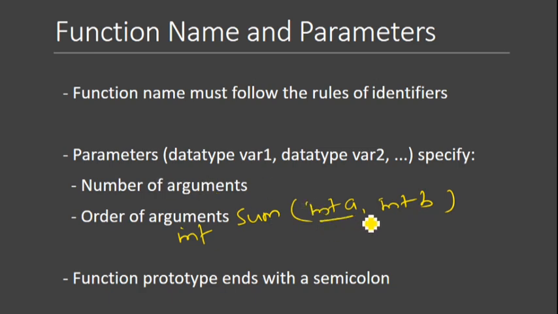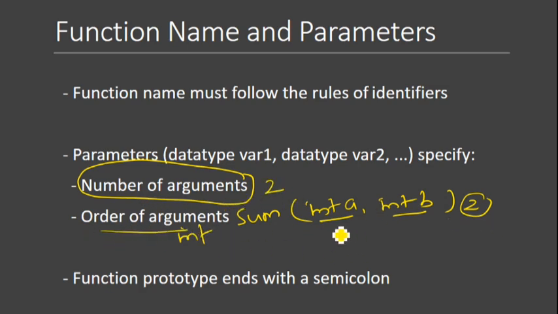These two are called the parameters. How many parameters are there here? Two parameters. Parameters and arguments are both the same here. How many parameters am I passing? Two. Hence the number of arguments is two. And for order of arguments, here the first argument is int a, followed by the int b argument.